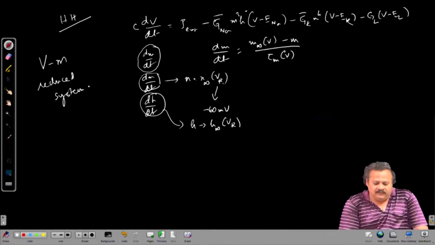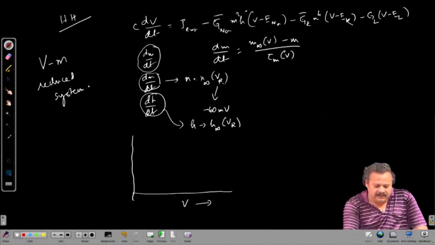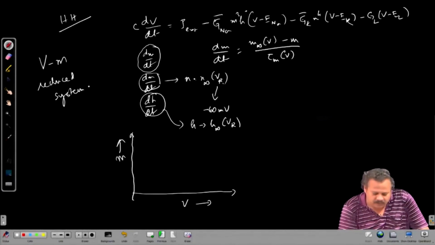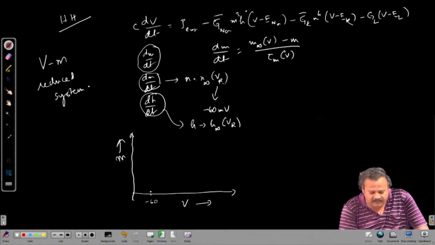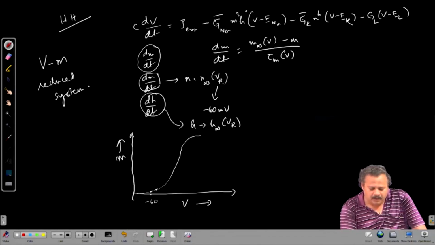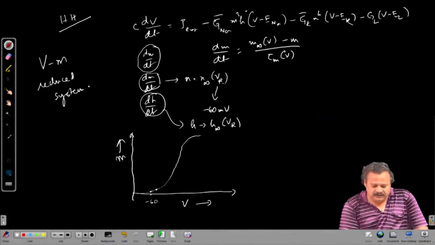and see if we can move the system beyond the threshold or not, and that can be seen with just this reduced system. If we draw the phase plane with V and m in this case, the threshold of the system, or the V rest, is around minus 60 millivolts, and we will see the m null line like this, and if we use the same equations, the V null line would behave in this manner.